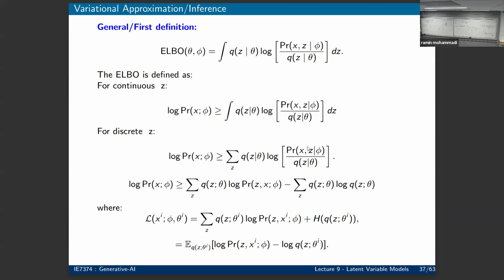So you keep sampling from Q, you get Z, using Z you regenerate the image, and you want this weighted average across samples to be high, and you also want entropy to be high. That's how you can increase the evidence lower bound.